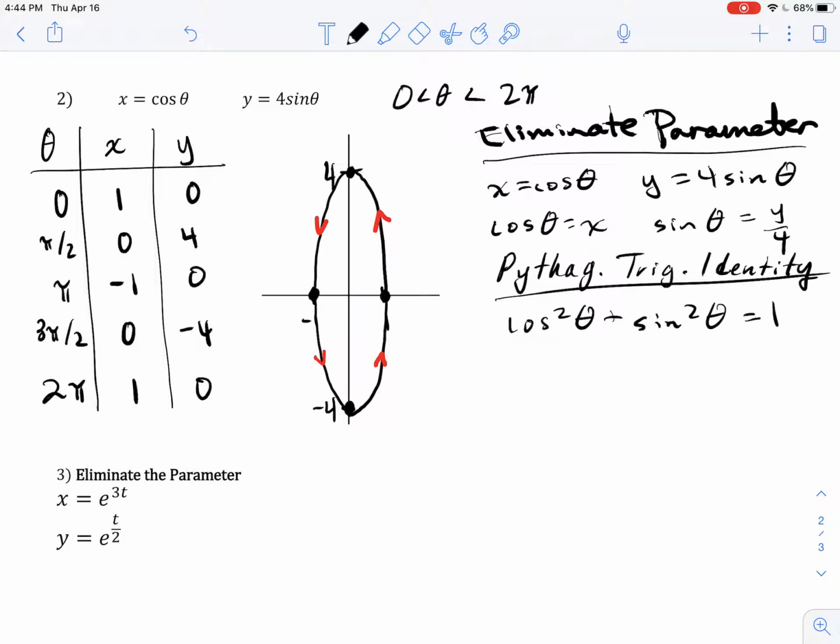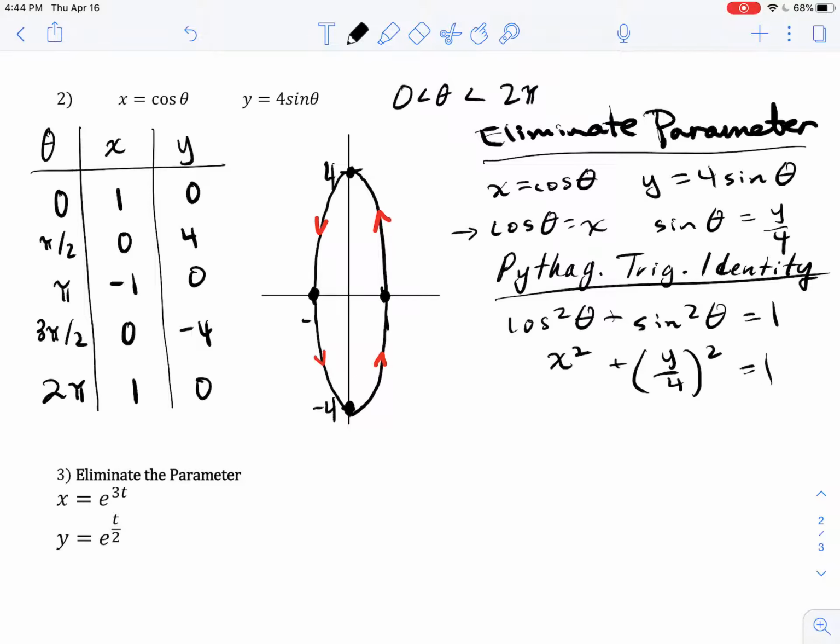Well, what is cosine theta? You see here, cosine theta is just whatever x is. So instead of saying cosine squared theta, we can say x squared. Well, what is sine theta here? Sine theta is y over 4, plus y over 4 squared, and that's equal to 1.